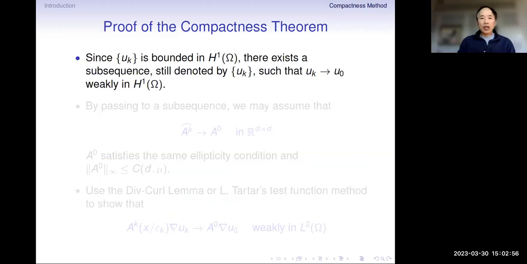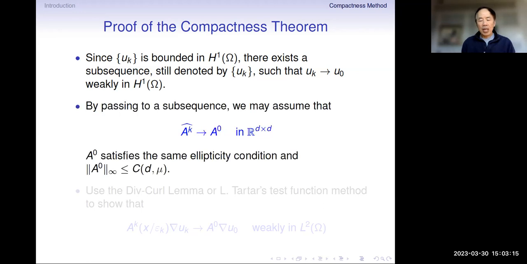So how do we prove this? Well, here is an argument. First of all, because we have weak compactness in H1, we can always assume there's a subsequence which converges weakly in H1. We'll still denote the subsequence by u sub k. The second step: we look at the homogenized matrix of A k, which is denoted by A k hat.